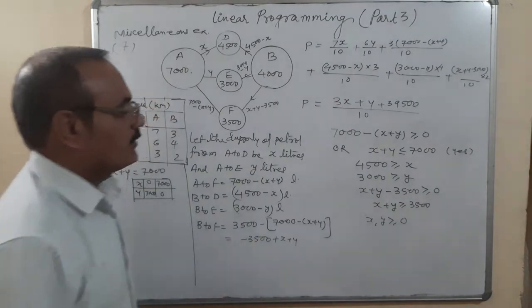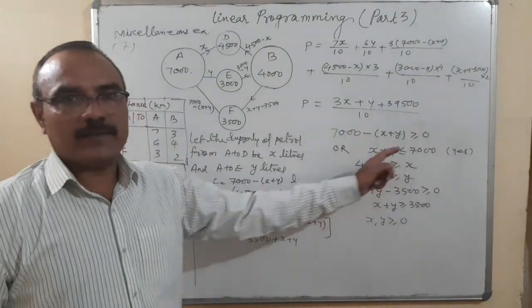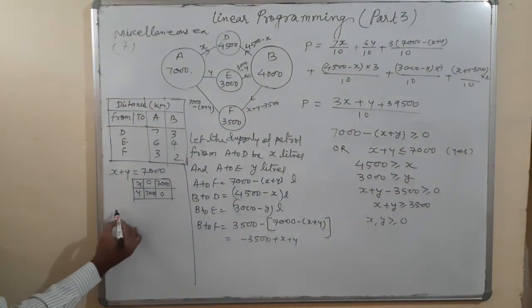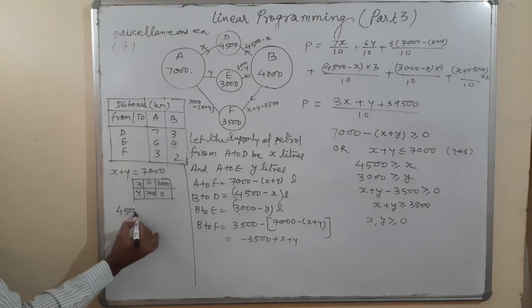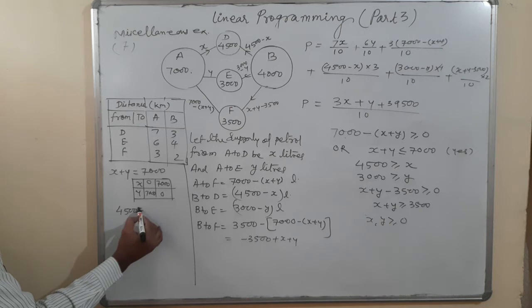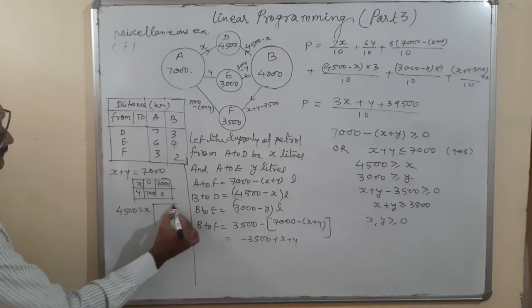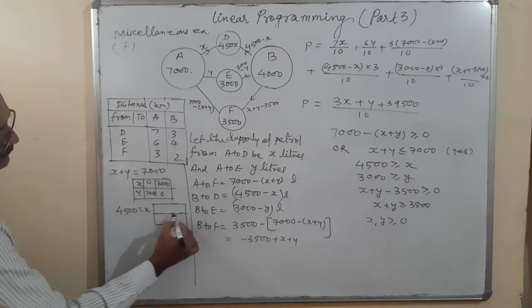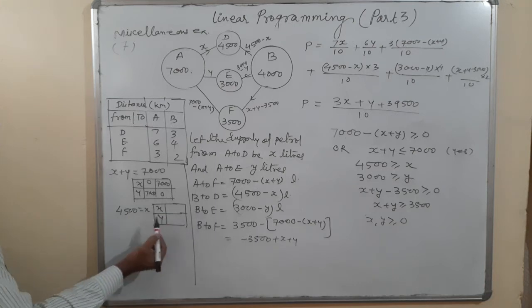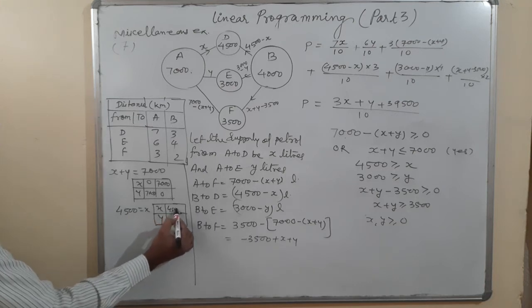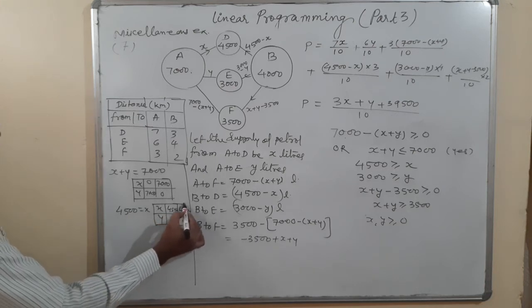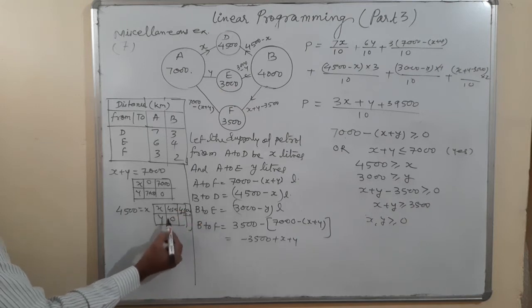Okay. Now 4,500 is equal to x, the corresponding equation. X is 4,500. It is also 4,500. Only the y may be anything, 0 or 100, anything you can write.